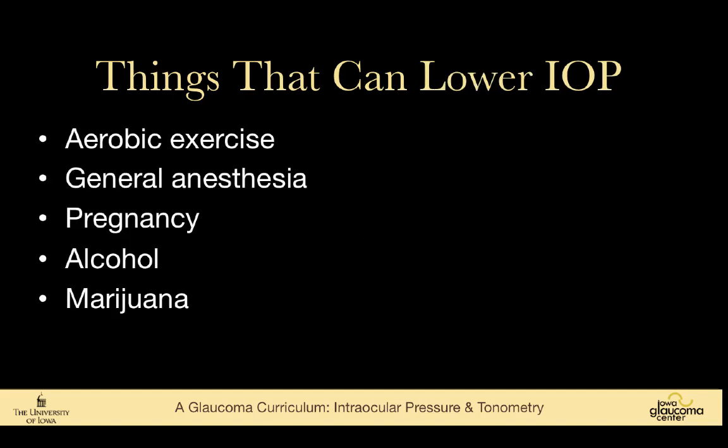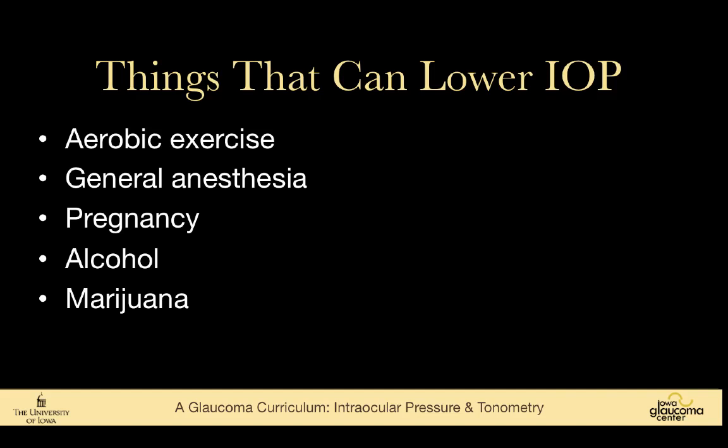There are things that can artificially lower the intraocular pressure. Extensive aerobic exercise can cause the pressure to go down transiently. General anesthesia, so this is important for babies who are having examinations under anesthesia, that we need to check the pressure before the anesthetic lowers their intraocular pressure.